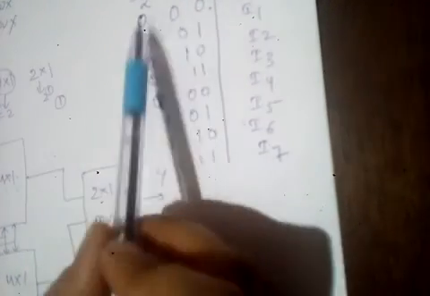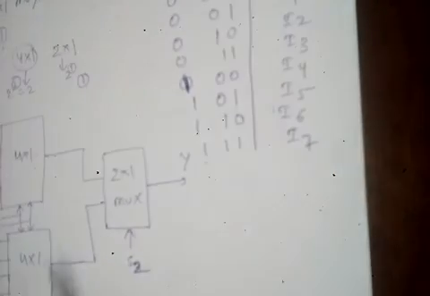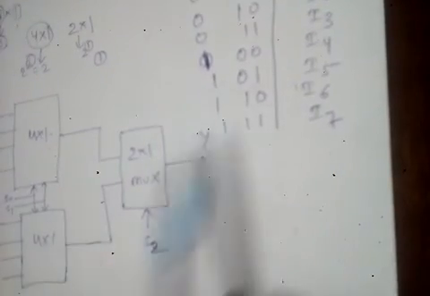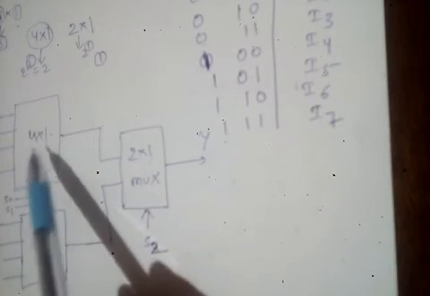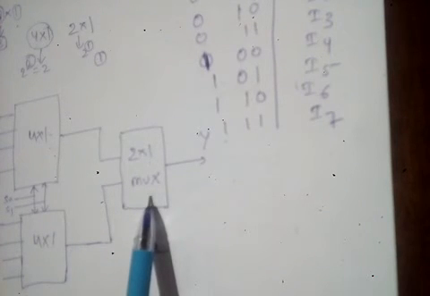So an 8x1 multiplexer has 3 selection lines and 8 inputs. We can implement this 8 by 1 multiplexer using lower order multiplexers, considering this truth table. For this we need 2 4 by 1 mux and 1 2 by 1 mux.